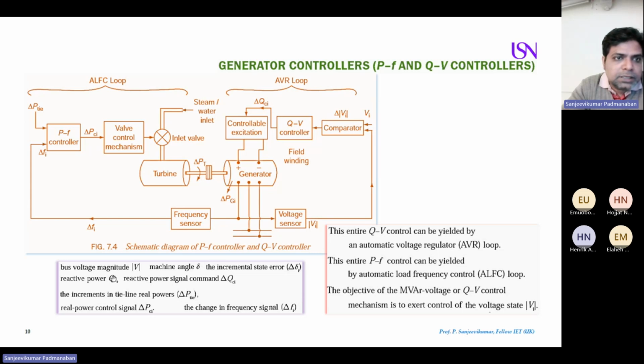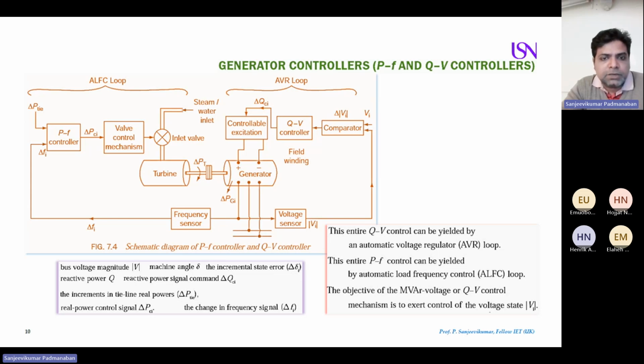Then in the ALFC control, we are controlling the frequency with the mechanism of delta. In the previous discussion, one of your candidates asked me a question: delta we control by means of excitation so that you can get the constant output voltage at your synchronous generator when there is a small error of delta.